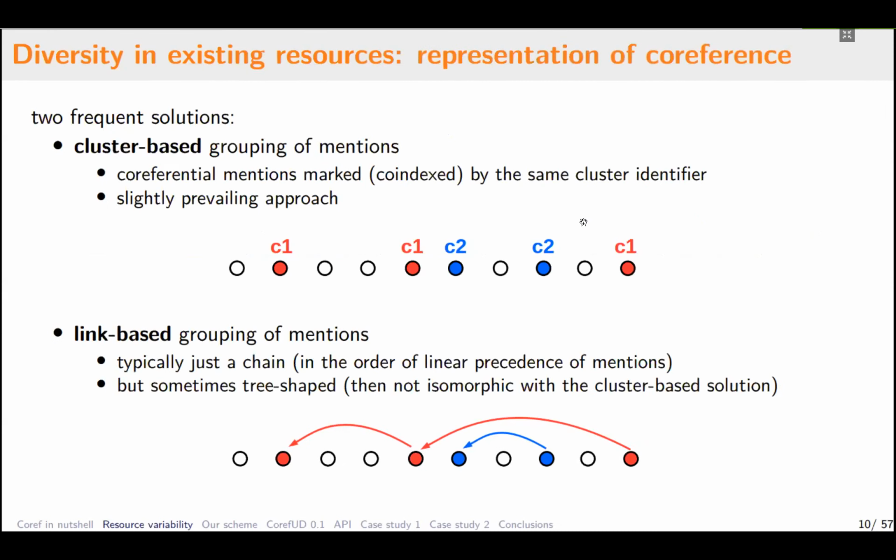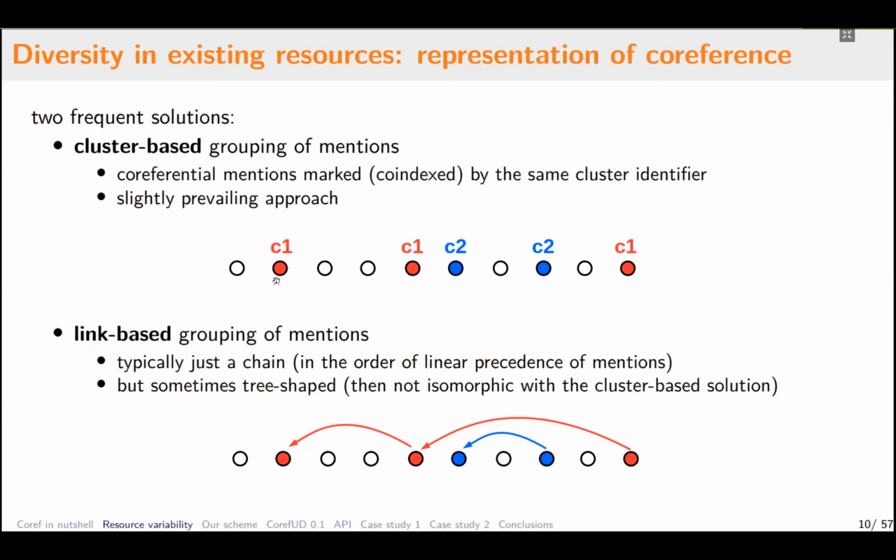So for the organization of the relation, there are two possibilities, two solutions in the data sets. One is cluster-based grouping of mentions. Coreferential mentions may be grouped in sets, in clusters, that are co-indexed by the same cluster identifier, as is shown here on the picture.